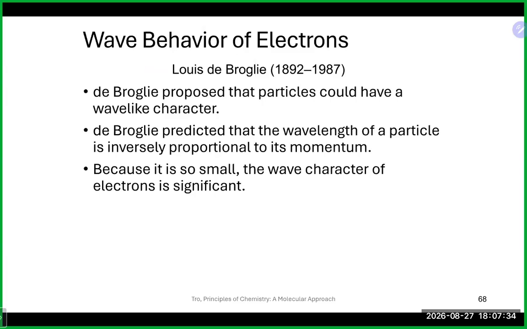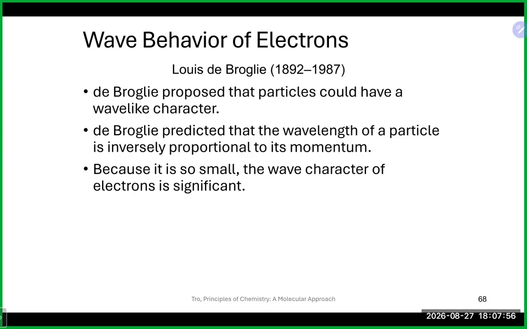So we were talking about Bohr and Bohr's model of the atom, this planetary model of electrons moving in these really nice orbits. And we know exactly where they're located, in a sense. They're in this orbit or they're in this orbit, and they're moving around the nucleus in these pretty circles.